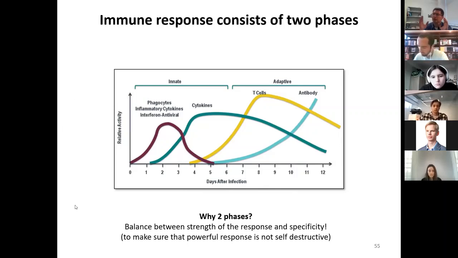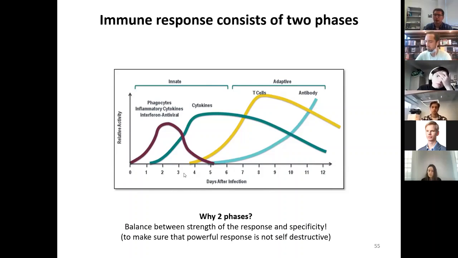Because, coming back to what we said initially, the immune system is one, if not the only, system which can not only destroy a pathogen, but also has the potential to destroy your own organism. Right? So it is a very, very strong and powerful weapon, and it is very important to make sure that this weapon is not used to shoot yourself.